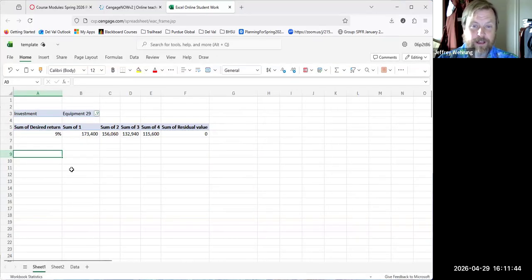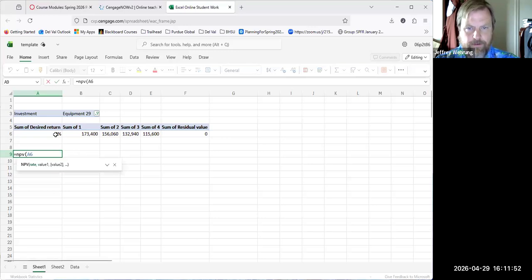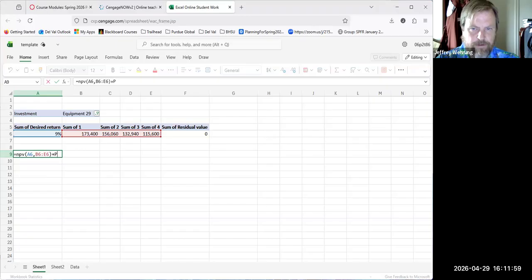And then what I would do is I'd take the formula that I did before and I'd say, okay, equals net present value at this rate, comma, these 4 years, plus the present value at this rate, comma, this amount, present value at 4, comma, this amount, right?